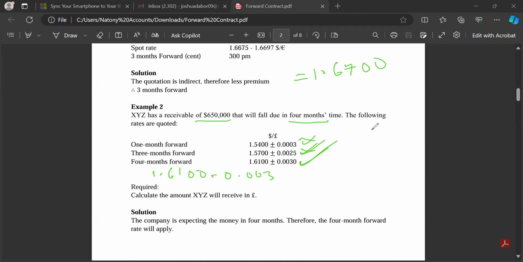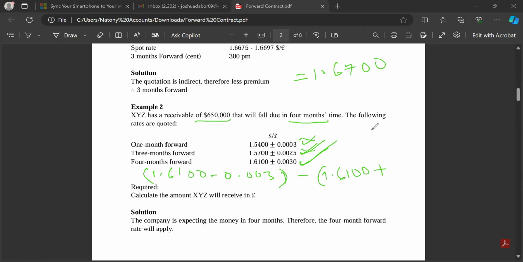The same thing you do for the second one, which is 1.6100. This time it will now be plus. We've done the minus.